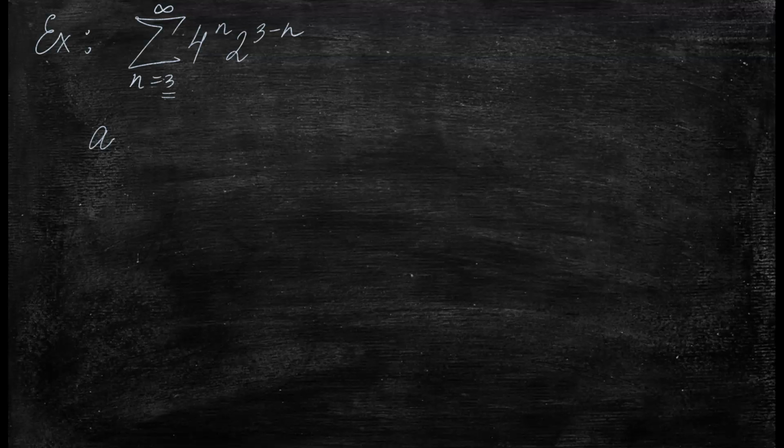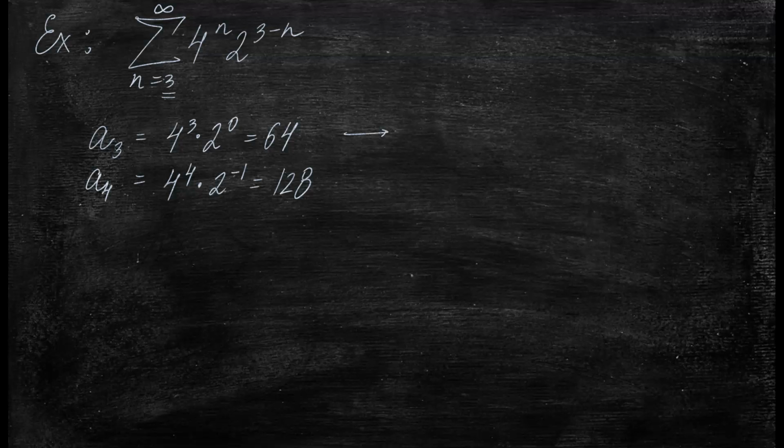So the first value I'm going to be plugging in is 3. So it's going to be 4 cubed times 2 to the power 0. So it's 64. Now a4 will be 4 to the power 4 times 2 to the power negative 1. So that's 256 over 2, 128.